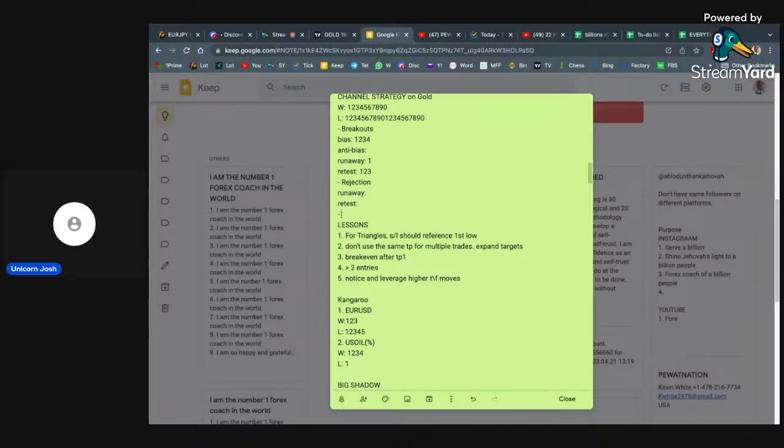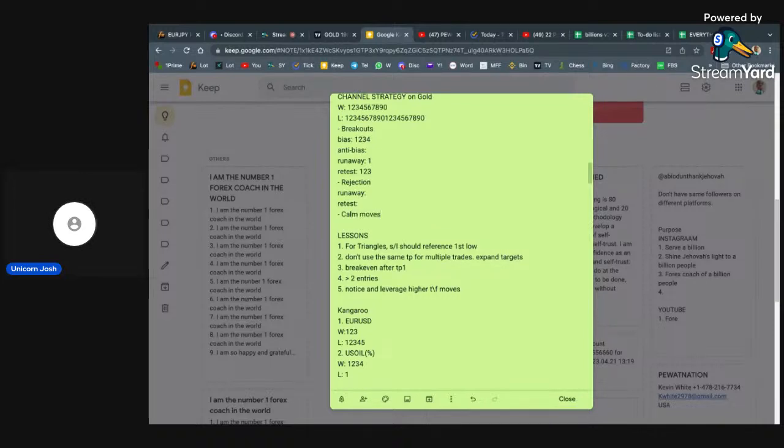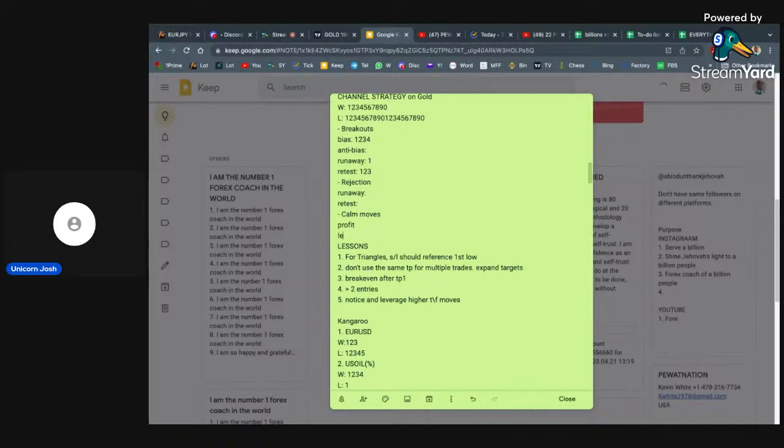So, what do we call that? Slow trades. Let's call it calm trades. Calm moves. Okay, so for the calm moves, do they eat profit or do they eat loss?